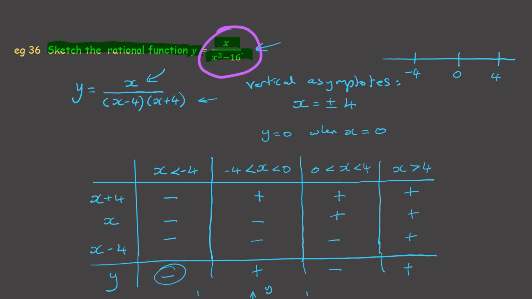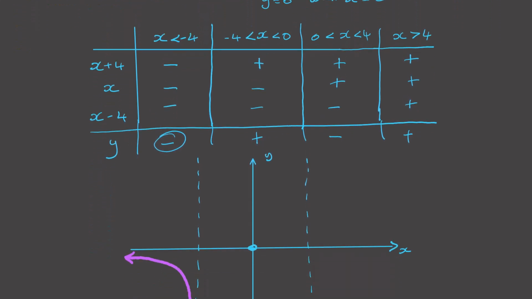So as we move away from the asymptote and x becomes a large negative number, x squared is going to be a large positive number. So we're going to have the top is an x, the bottom basically is an x squared. As x gets really big and negative, the bottom is going to be much, much bigger than the top, and that's why it's going to head to 0.